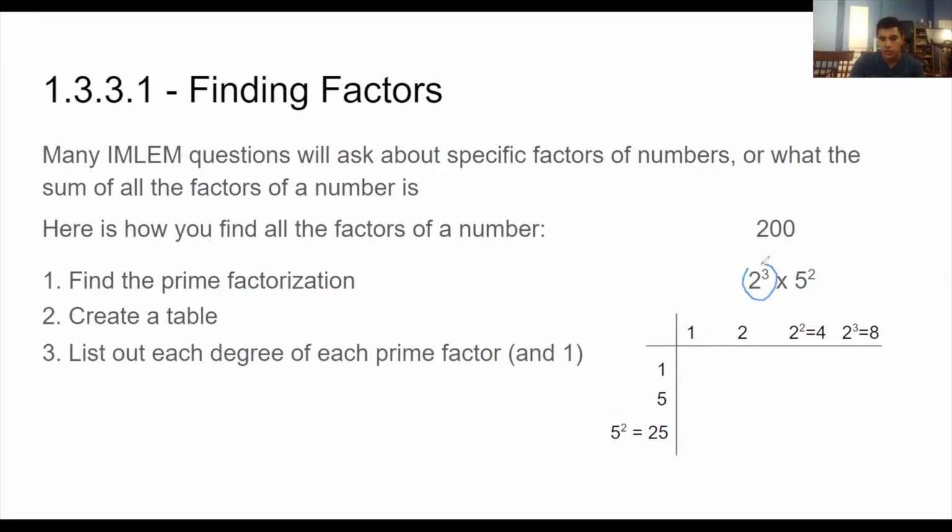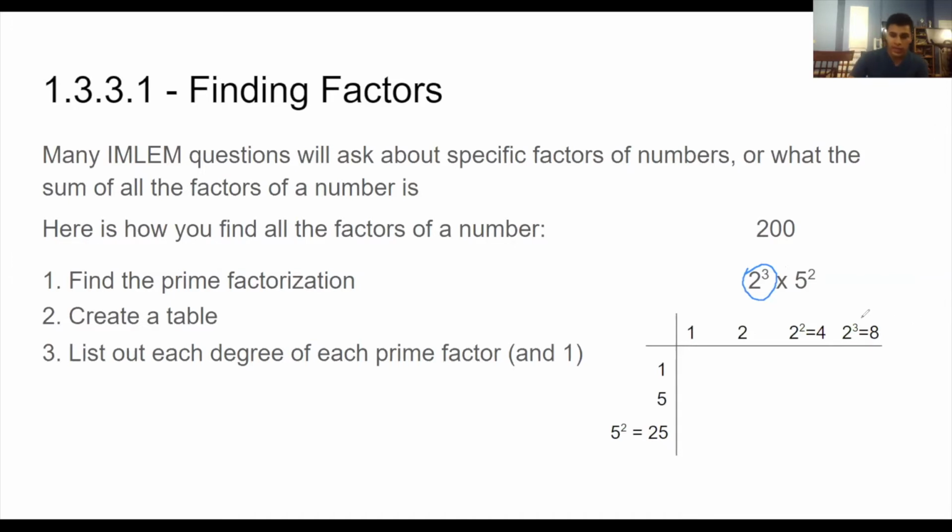Different degrees of 2 would be 2 to the power of 0, 2 to the power of 1, 2 to the power of 2, and 2 to the power of 3. Those are all the degrees I'm going to need to list out. If it were 2 to the power of 4 in my prime factorization, then I'd have to list all the way up to 2 to the power of 4 on the table. But since it's only 2 to the power of 3, I don't have to do that.